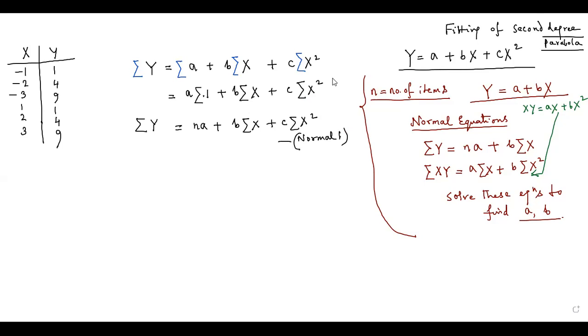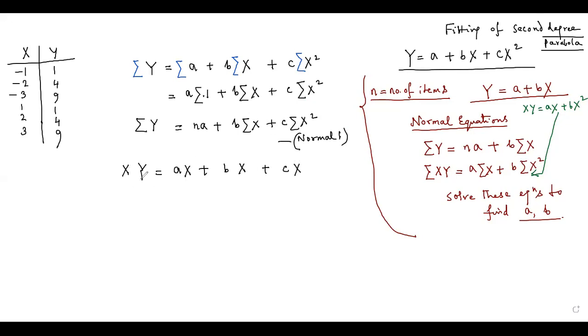There is no such thing as an abnormal equation, so don't be afraid. Second, we are going to multiply both sides of this equation by x.